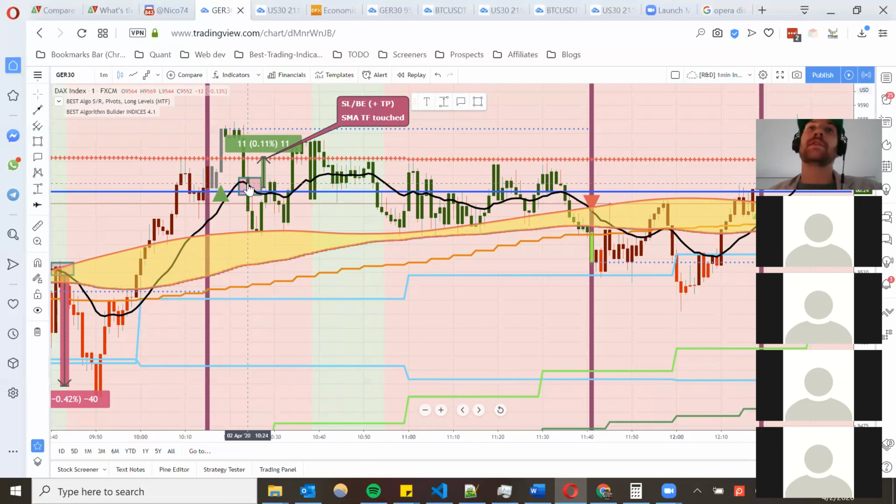In that case, and that's very specific because we have a long very near to this 1 hour support. This cross is 1 hour, so for me that's the perfect entry, and then the exit, after the stop loss at break even at least, will be here.